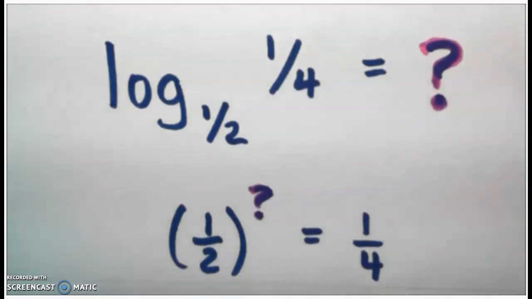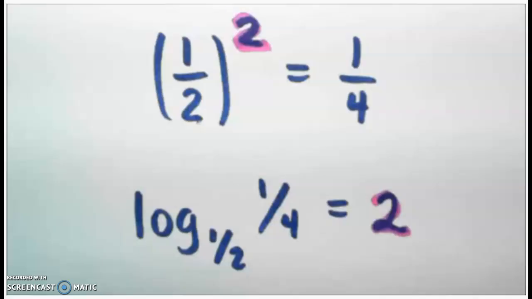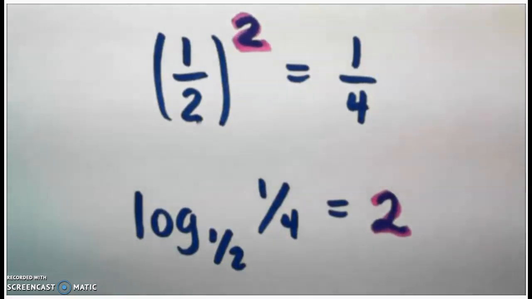What about this problem? What's the exponent? 1/2 to what is 1/4? Well, 1/2 times 1/2 is 1/4, so 1/2 squared is 1/4. The logarithm, base 1/2 of 1/4 is 2, because what's the exponent?